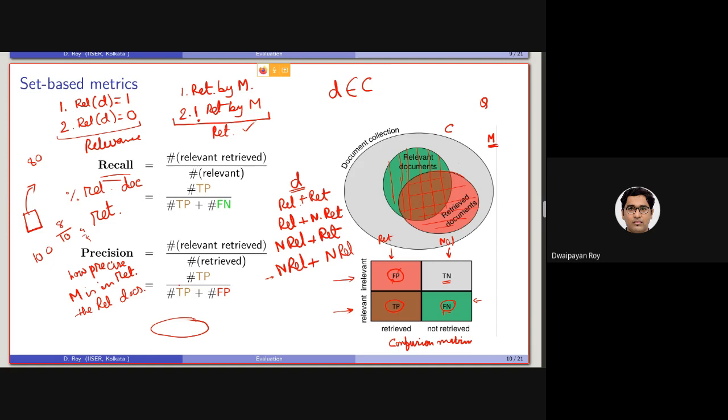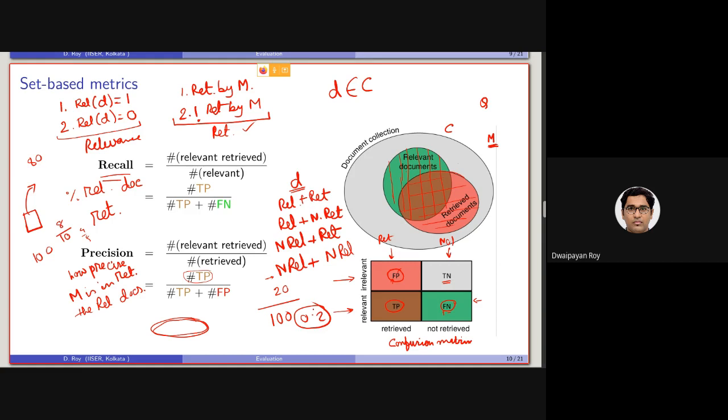So this will be in the denominator, and then the numerator will be how many of them are actually relevant. So it is the true positive, the brown portion here. Let's say the retrieval system is retrieving 100 documents, and out of them only 20 are relevant. Then the precision will be 0.2. 0.2 will be the precision for a system like this.